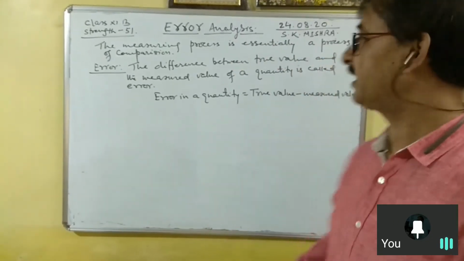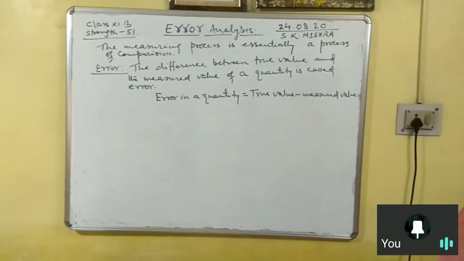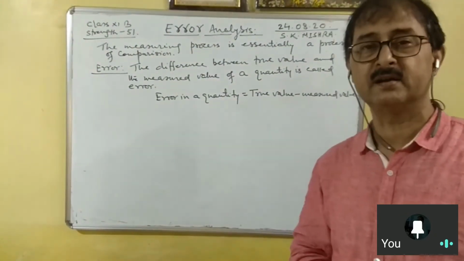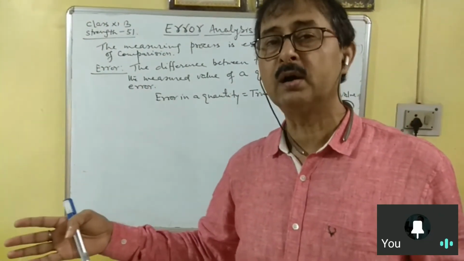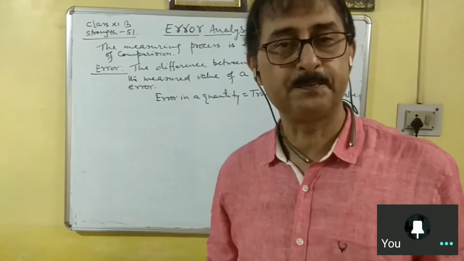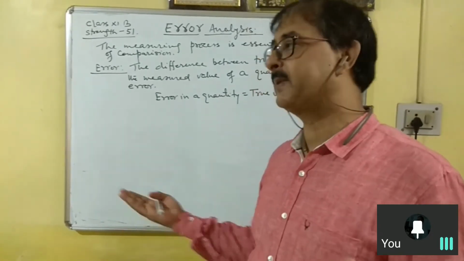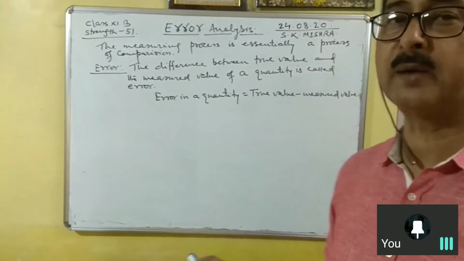So you are doing nothing but comparison. So the measuring process is essentially a process of comparison. You are comparing the length of the rod with a 1 meter long meter scale, and then the final measurement may come to be 5 meter. So it is 5 times of 1 meter.